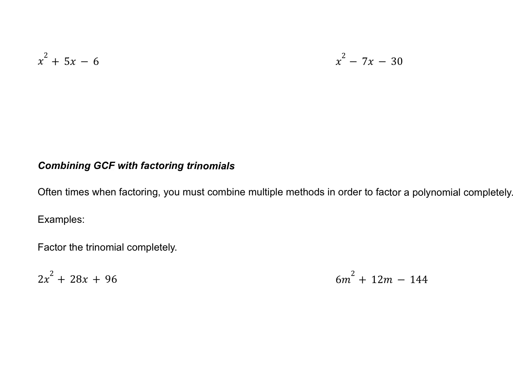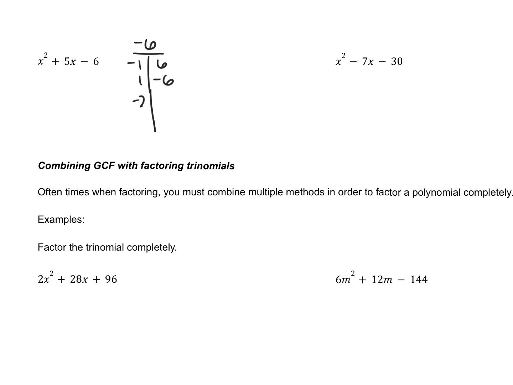So just two more examples before we talk about our last method in section 1. So x squared plus 5x minus 6. I'm looking for numbers that multiply to negative 6. Again, the only way to multiply to a negative is to have one positive and one negative. So I can have negative 1 and 6 or 1 and negative 6.